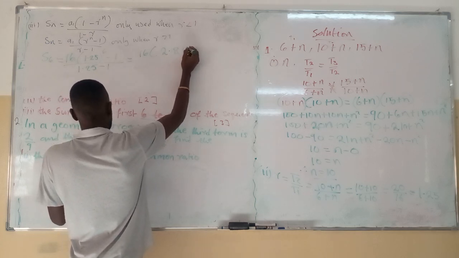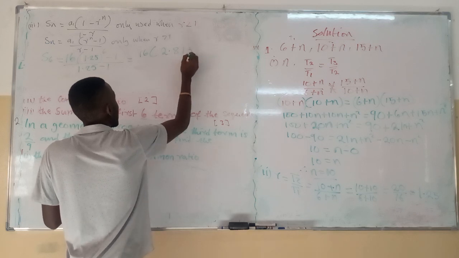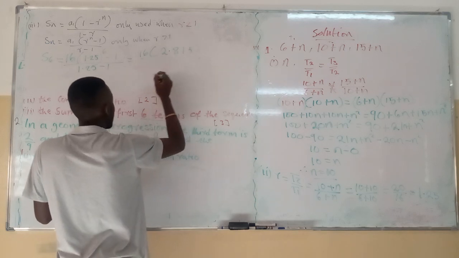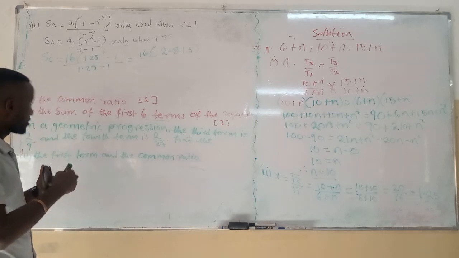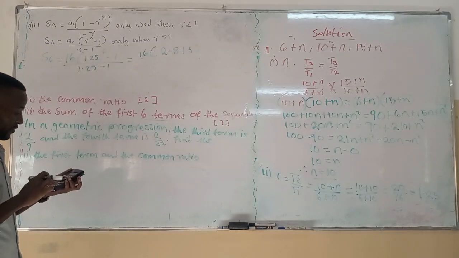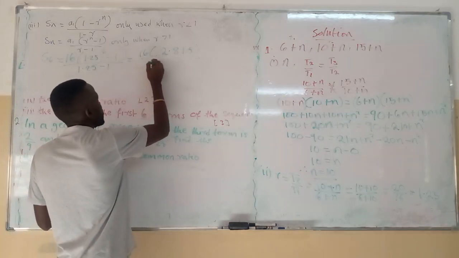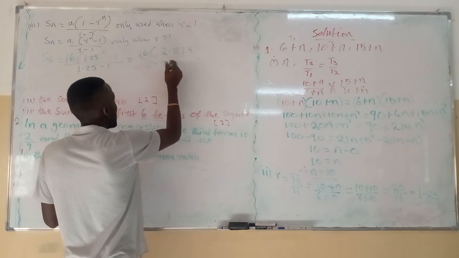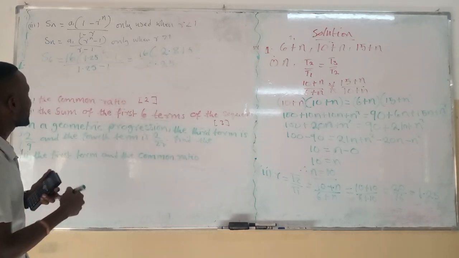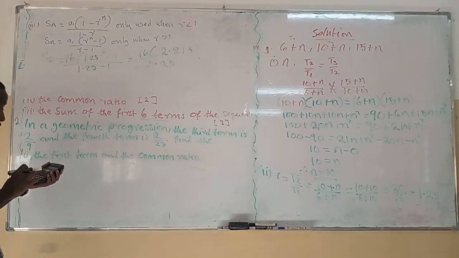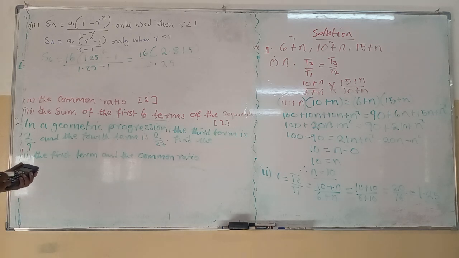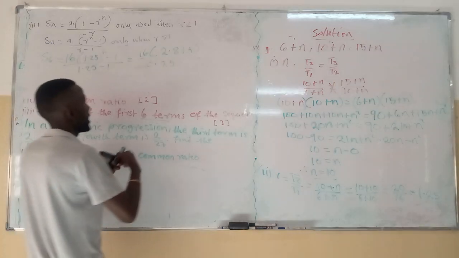And then we divide by 1.25 minus 1, which is 0.25. When we multiply the top part, 1.25 to the power 6 minus 1, multiplied by 16, we have 45.